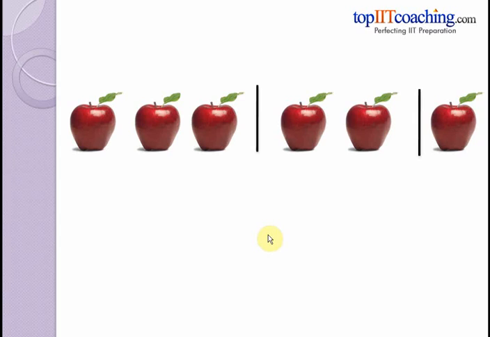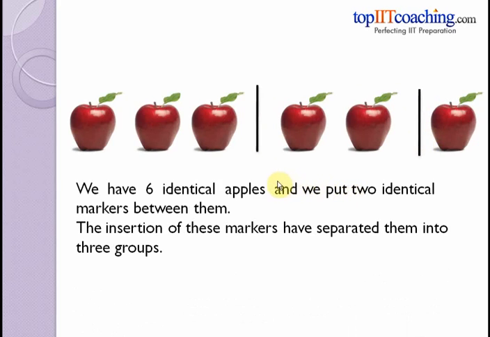Now let's try to visualize this problem. We have arranged these 6 identical apples in a row and inserted 2 identical black markers. Now this has resulted in the division of these identical apples into 3 groups.